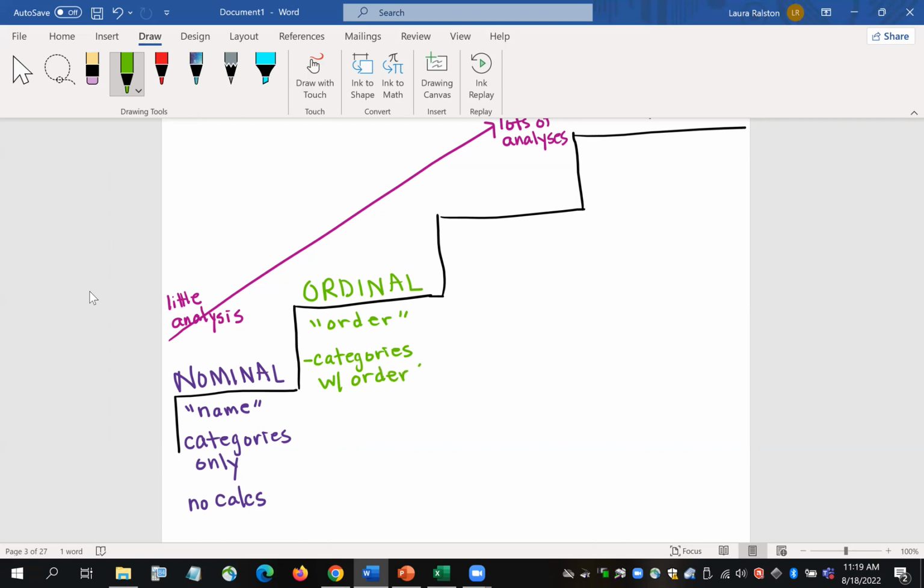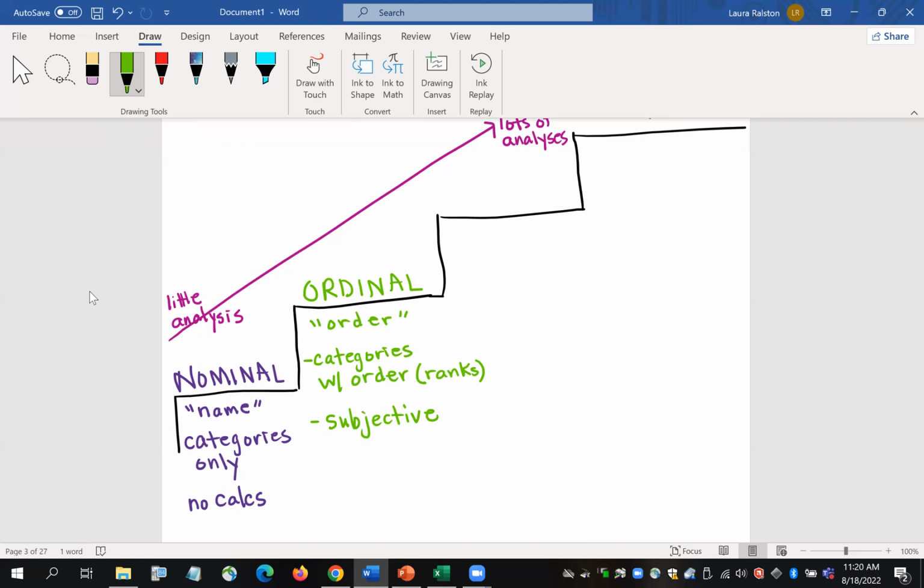There's some sort of ranking, but those rankings are subjective, meaning they're open to the interpretation of the researcher or the reader. An example of ordinal would be movie ratings: G, PG, PG-13, R, and then you can go up from there. So there is a sense of order there.